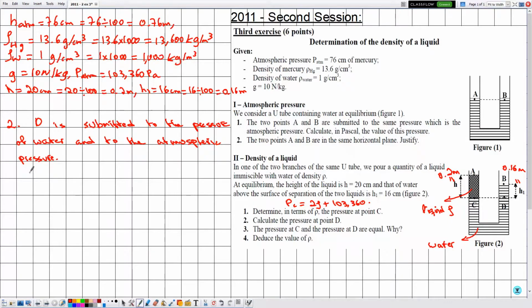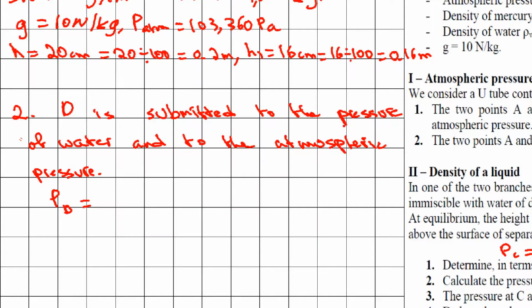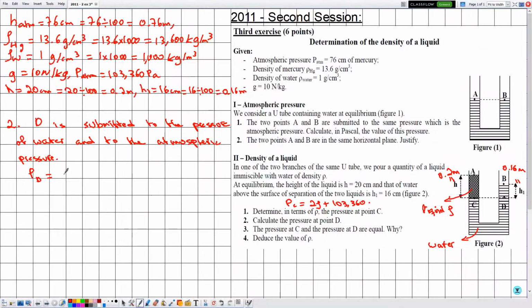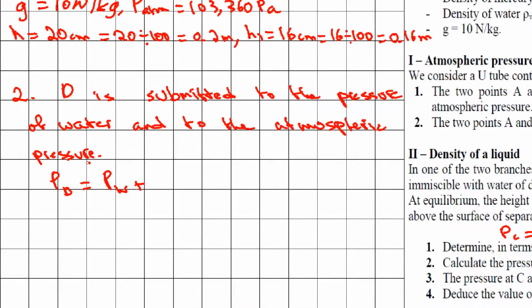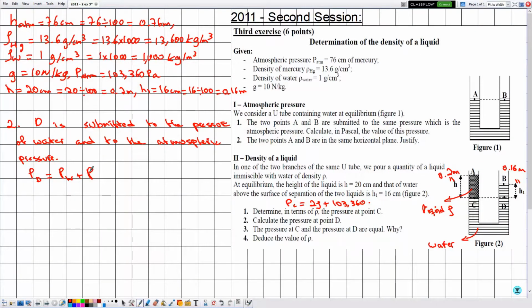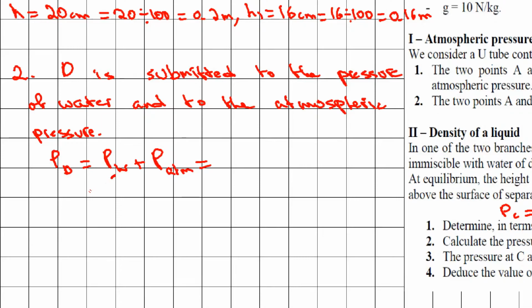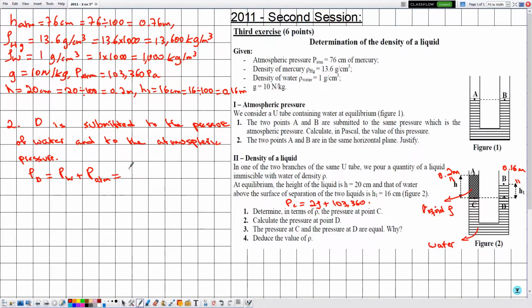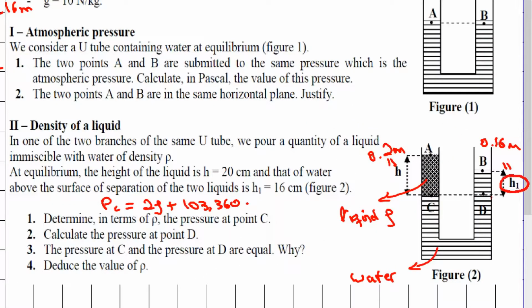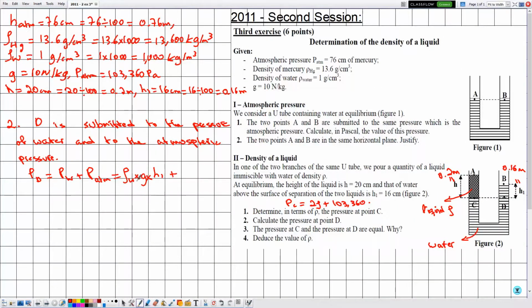So now let's calculate the pressure at the point D, which is denoted by PD. It is equal to the pressure exerted by water, let's say PW, plus the pressure due to the atmosphere, P atmosphere. The pressure due to water, because it's the pressure due to a liquid, is given by the density of the liquid times G times H. The density of this liquid, which represents the water, is denoted by rho W, multiplied by G, multiplied by the depth at this point, which is H1, plus P atmosphere.